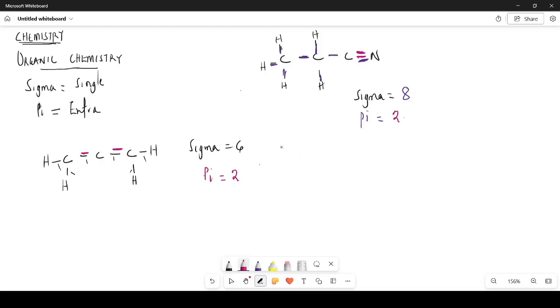In case you want to use a mathematical expression, here is another trick you can use. Please look at the trick for sigma bond. To get the number of sigma bonds, all you need to do is count the number of atoms, minus 1. So for example, let's say we want to get the sigma bonds in this compound.